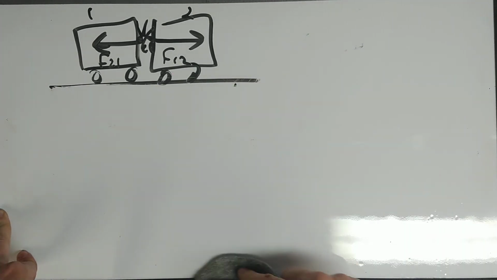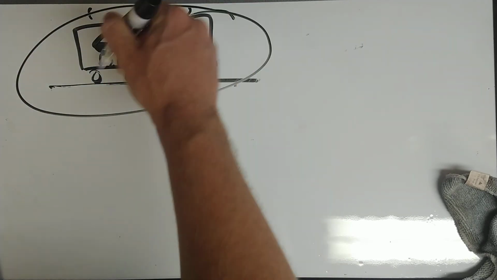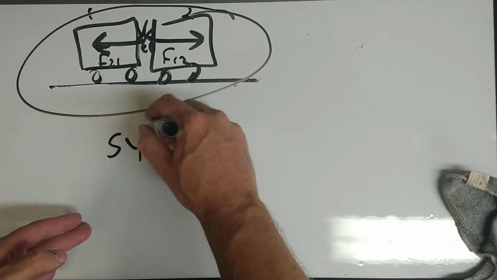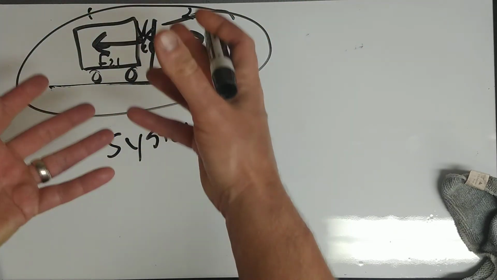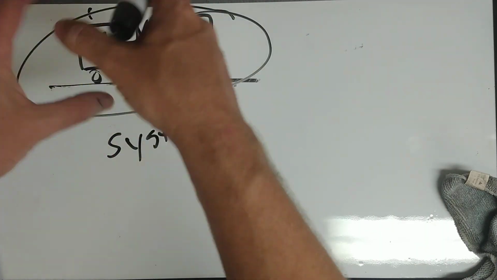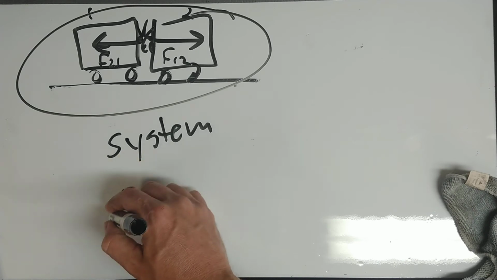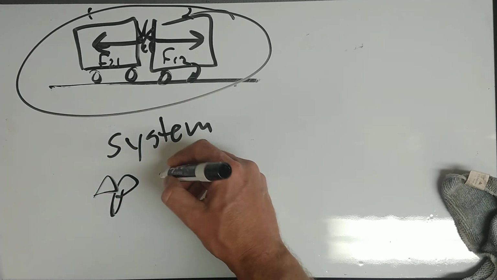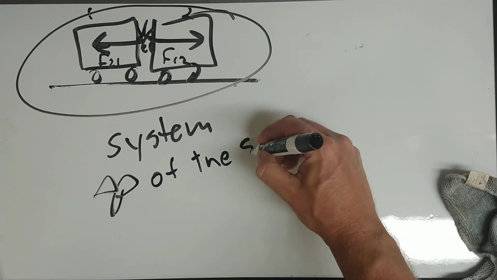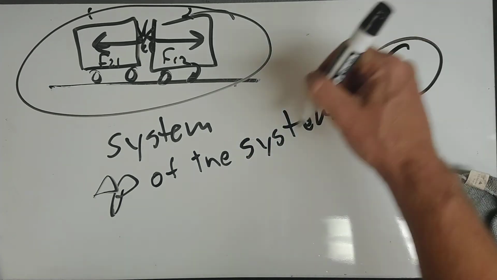If we treat this as a system, a system being two objects and their environment collected in some defined boundary, so to speak, then delta P of the system must be equal to 0.